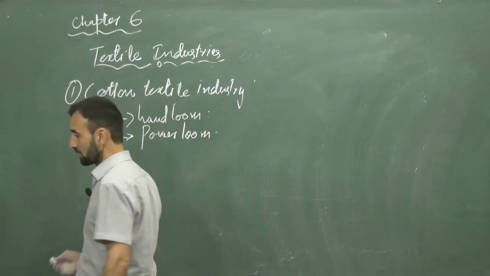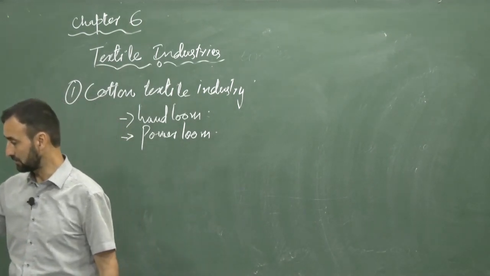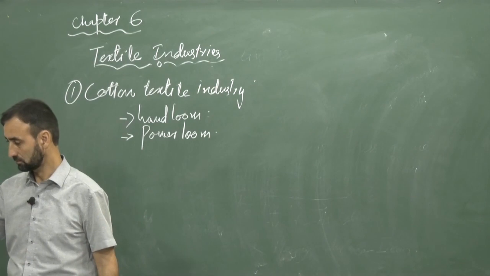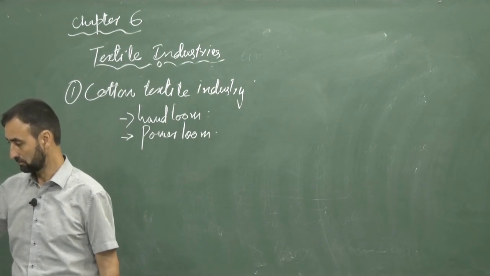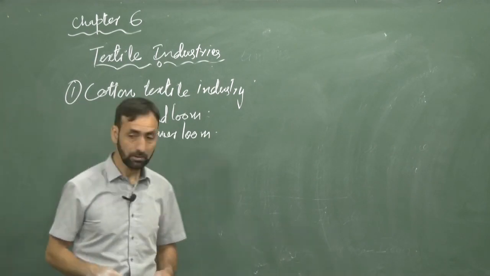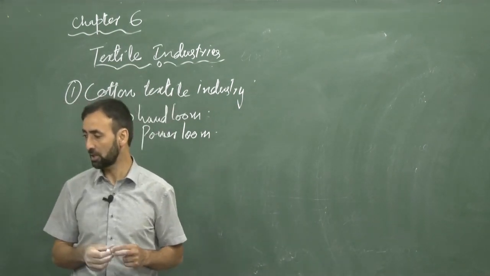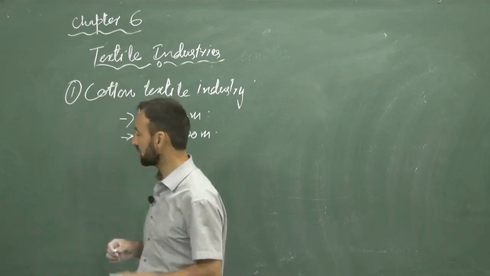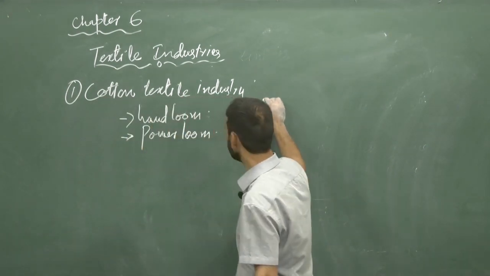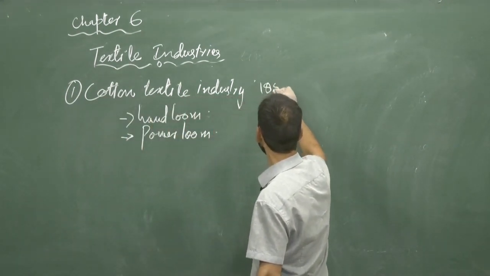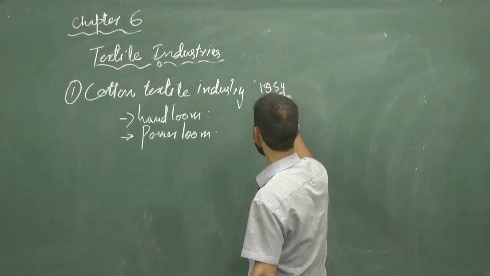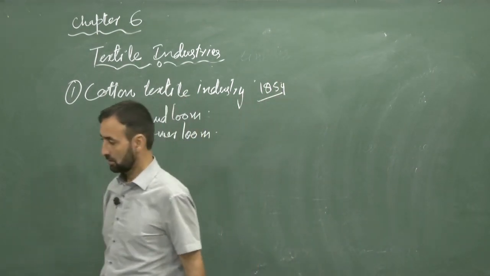As I already told you, the first cotton mill was established in India in 1854. Okay.